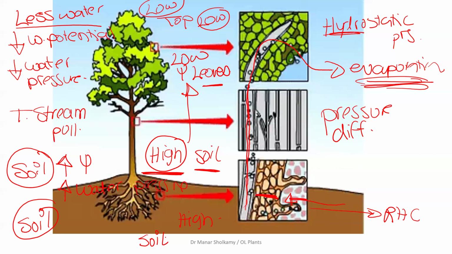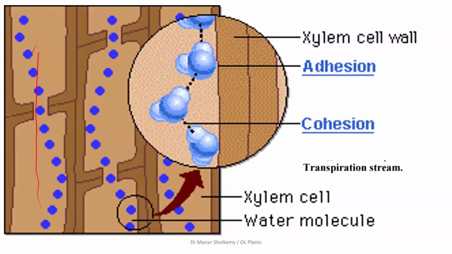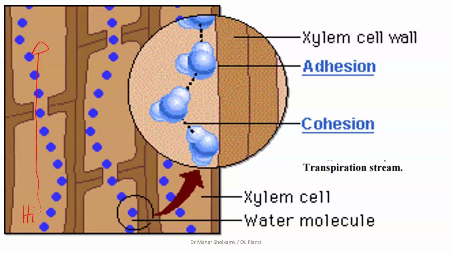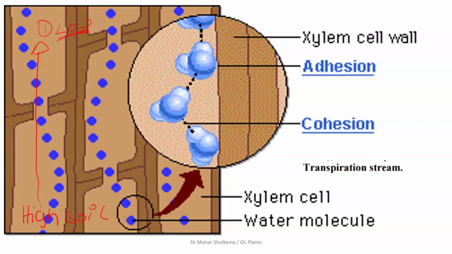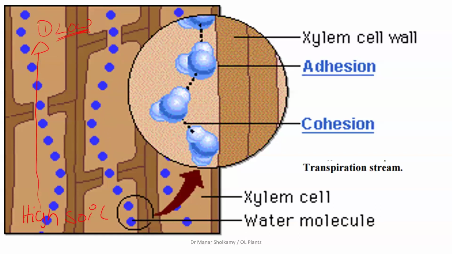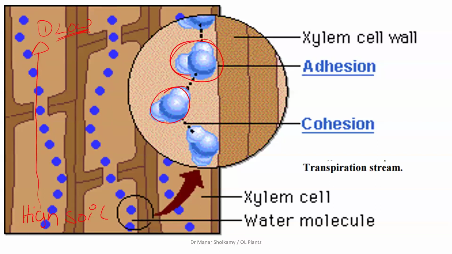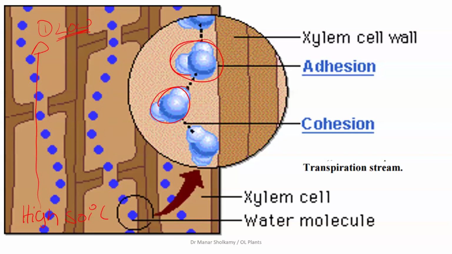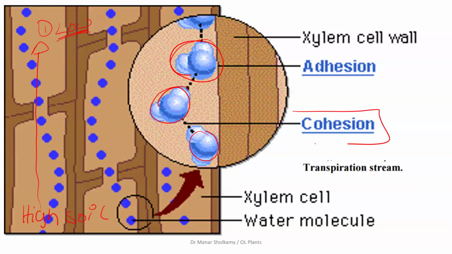Now, the second reason, okay, see the water is moving up, up, up from high water pressure in the soil to low water pressure in the leaves. This is reason number 1. Now, reason number 2 is that water molecules, see, this is a water molecule, and this is another water molecule. Water molecules attract each other by a force called cohesion.